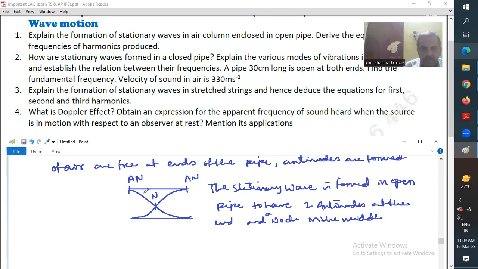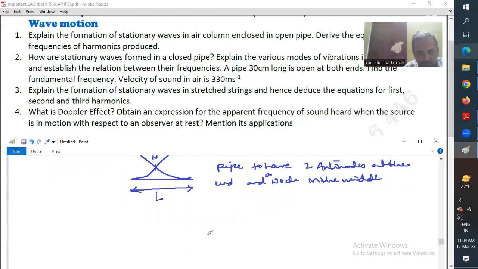So within the length of the pipe, two antinodes and one node are formed. The distance between node and antinode is lambda by 4. Similarly, this is also lambda by 4. So within the length of the pipe, lambda by 4 plus lambda by 4 is 2 lambda by 4, so L is lambda by 2.